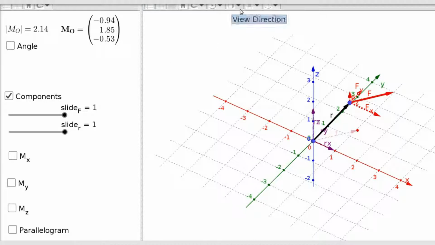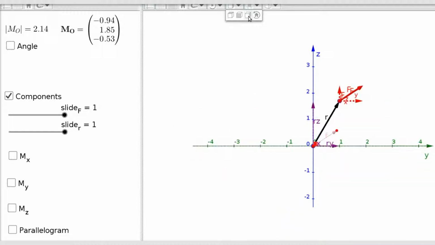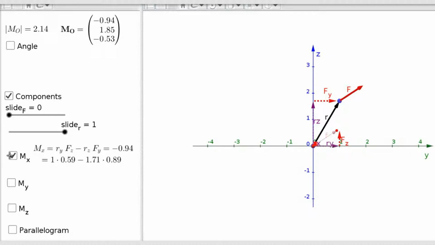Now, if I look at this from the x direction, so I'll look down the x-axis, and I'll again move these component forces so they touch the position vectors.